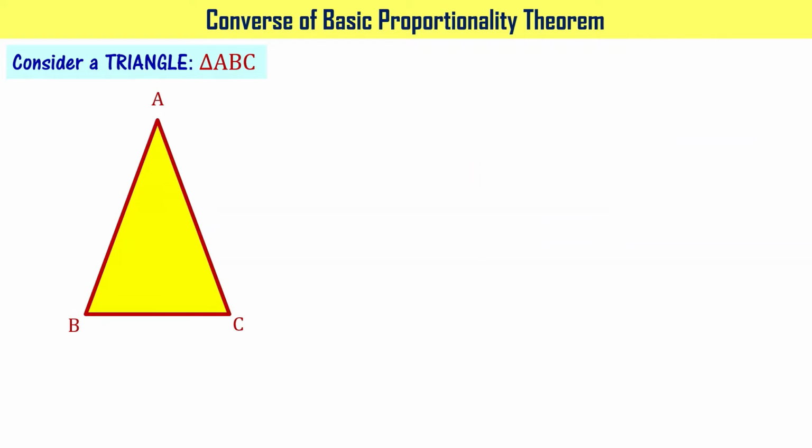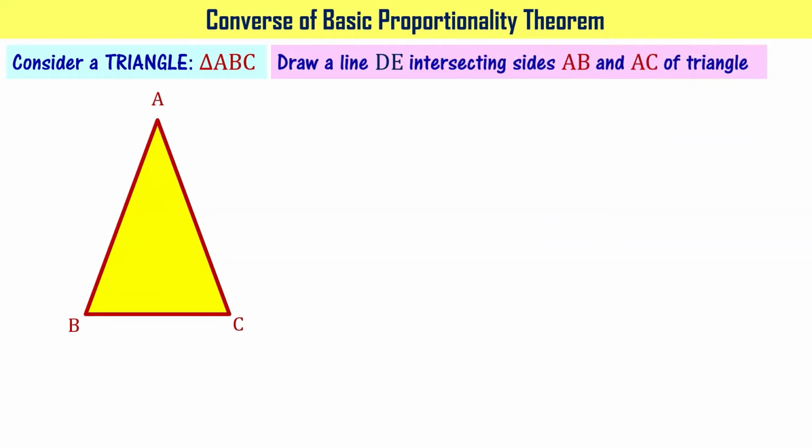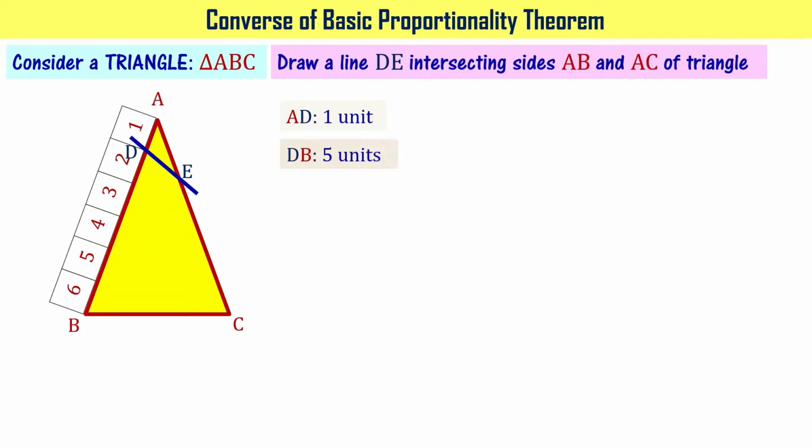Let's consider the same triangle and draw line DE intersecting sides AB and AC of the triangle as shown here. As you see here, AD is 1 unit and DB is 5 units. Their ratio is 1 by 5, right? AD by DB equal to 1 by 5.